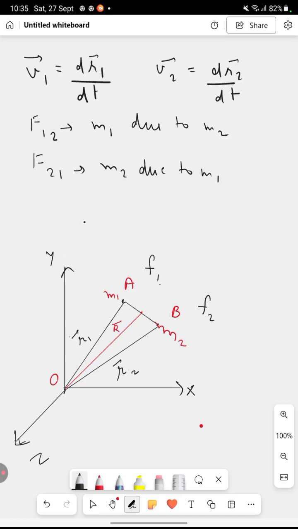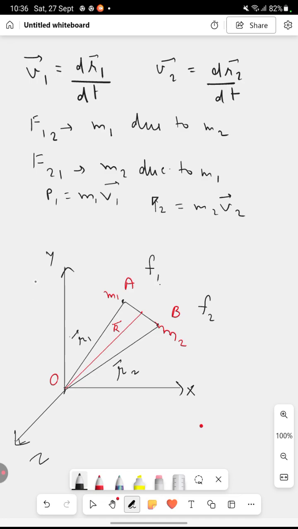We know momentum is mv, so for m1 it will be p1 equal to m1 v1, and for the second particle m2 it will be p2 equal to m2 v2. Velocity is a vector, so we use the vector sign.